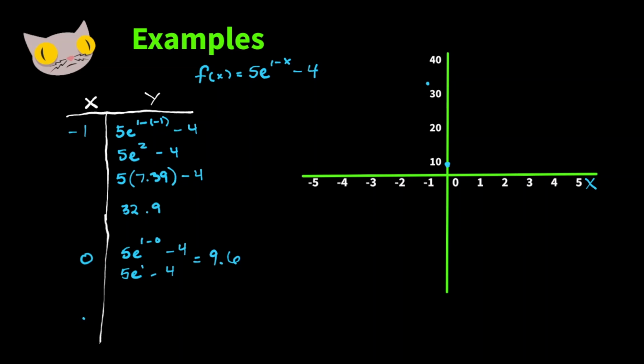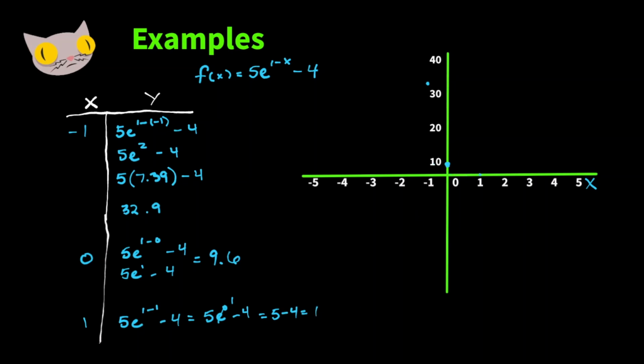Then at x is 1, we get 5e to the 1 minus 1 power, minus 4, which is 5 times e to the 0 power minus 4. E to the 0 power, that's just 1. So we get 5 minus 4, and that's 1.